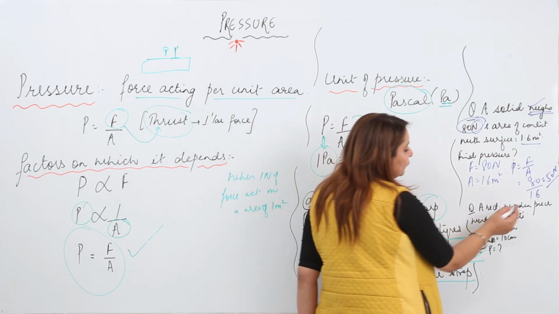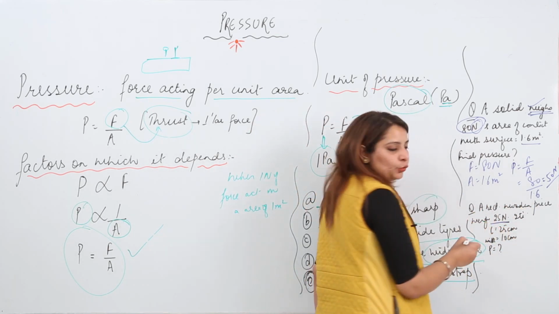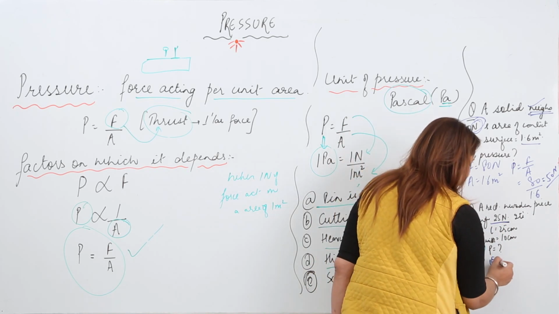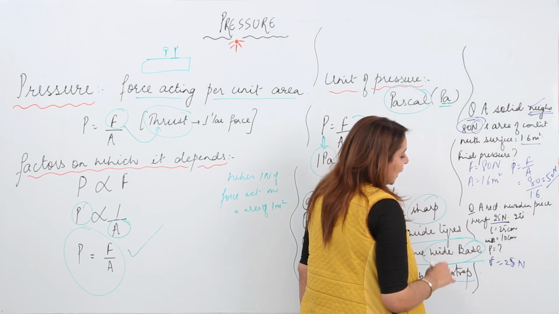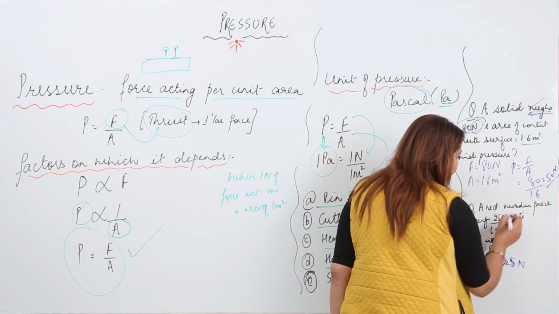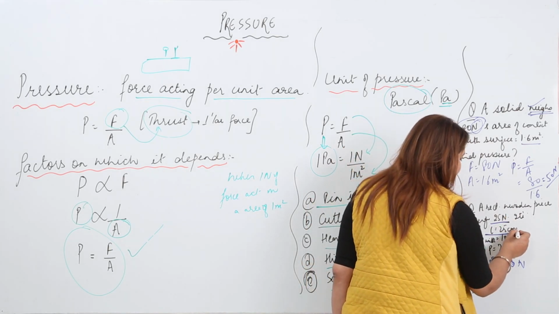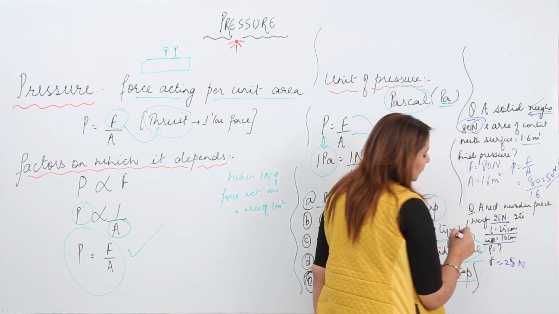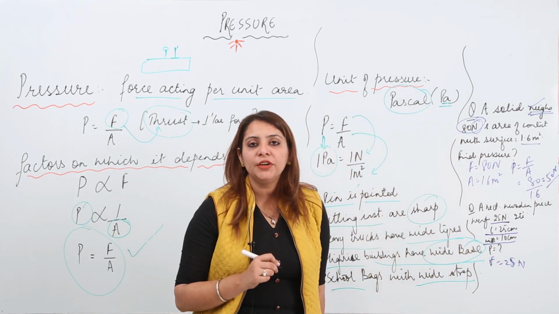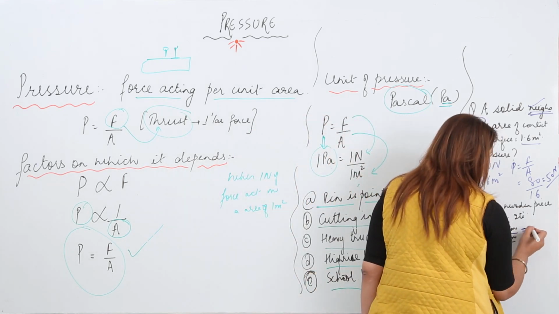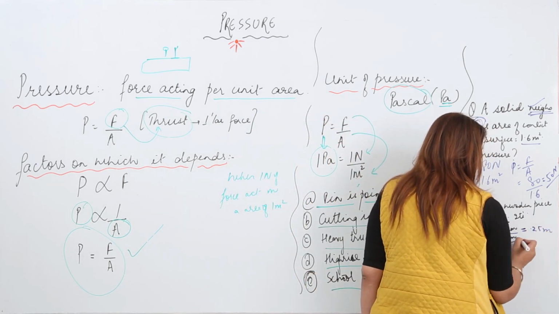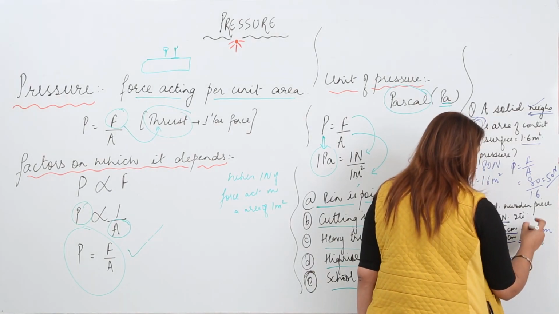A rectangular wooden piece weighs 25 Newton. Again, you know that this is a force, and its dimensions are given. The wooden piece length is 25 centimeter and width is 10 centimeter. Because it is given in centimeter, we need to convert to the SI unit, that is the meter. So length becomes 0.25 meters and width becomes 0.1 meter.